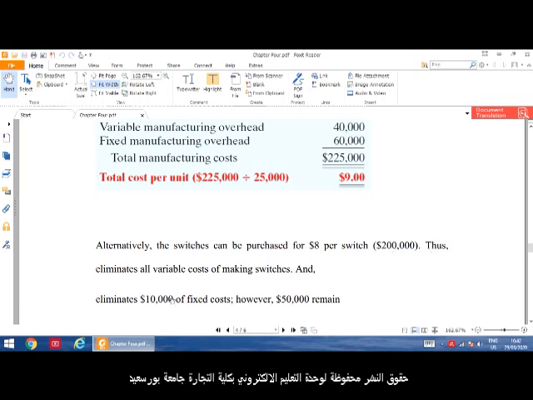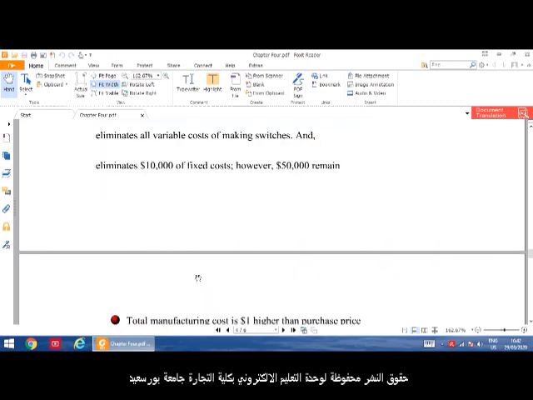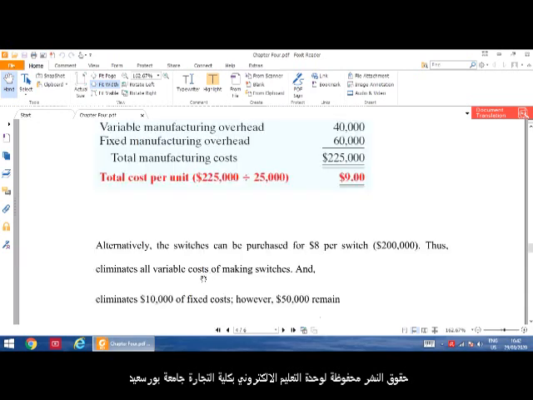Thus, this eliminates all variable costs of making switches and eliminates $10,000 of fixed cost. However, $50,000 remain as fixed cost, in the case of purchasing these switches.